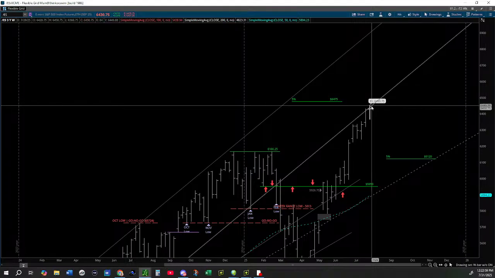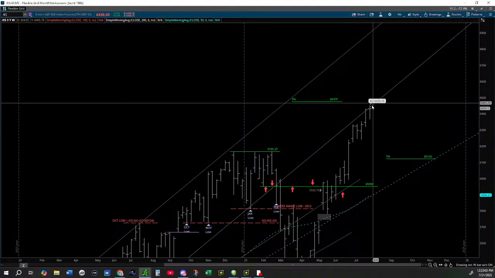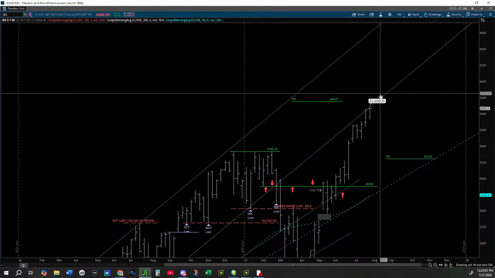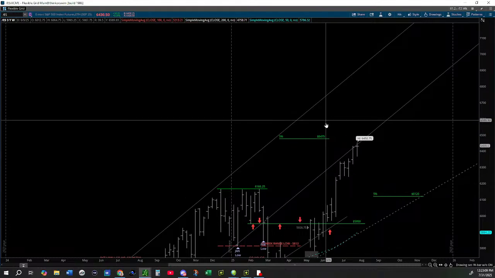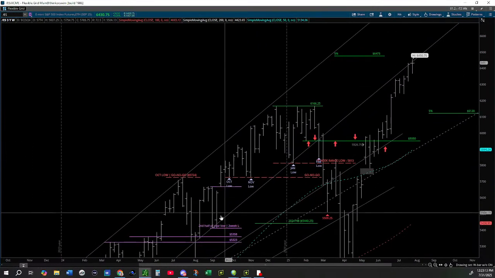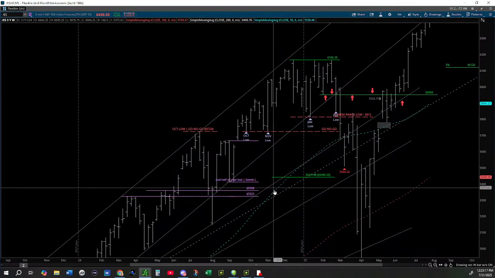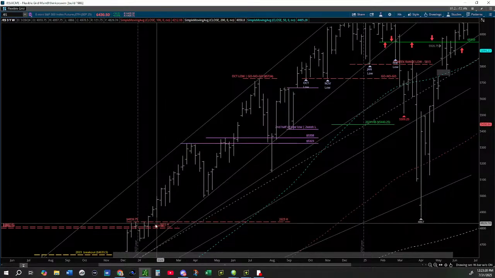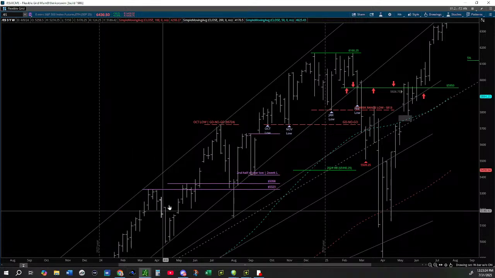The next thing is either it's going to keep working its way higher, or take this one up and get back inside this range, and start doing something like this. This happened for a whole year last year.